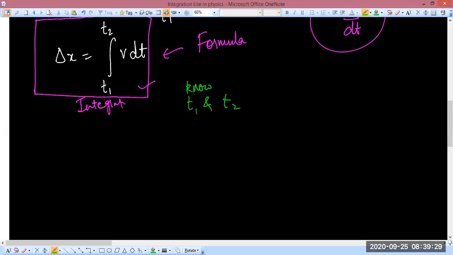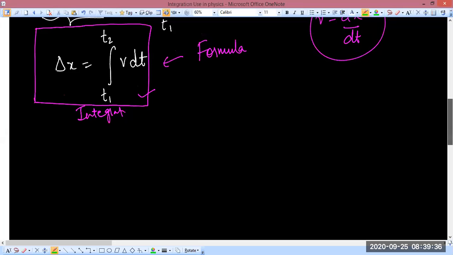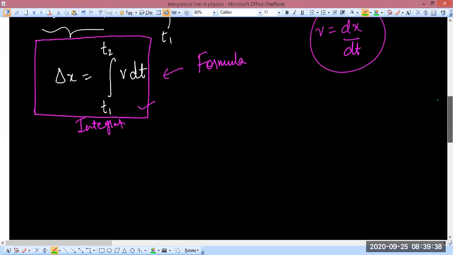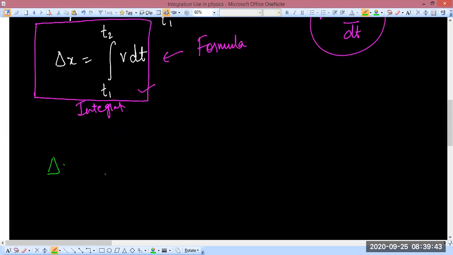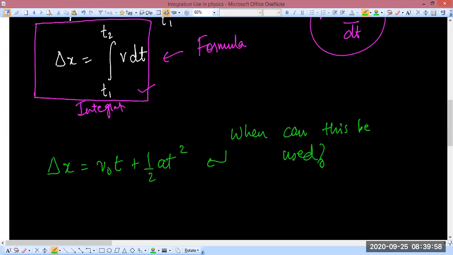Otherwise you cannot complete it. Now I just want to comment upon this formula before we proceed. We have one more formula for delta x that we studied earlier: v0t plus half a t square. Agreed? Everyone remembers that? When can this be used? Can you answer that? Everyone, when can this be used?